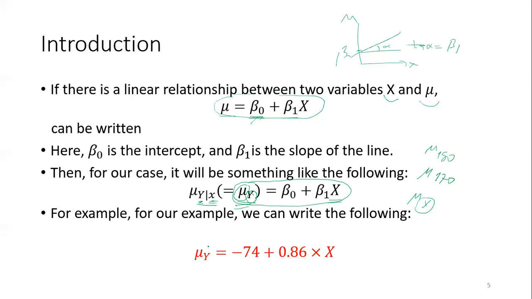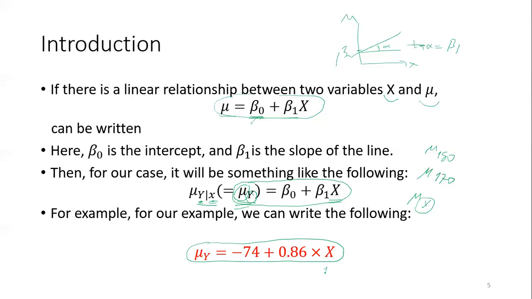So in our example, remember we have 4 points. If you check, you can see that we can write mu of y, the expected value of y, is equal to minus 74 plus 0.86 times x. What does this mean?